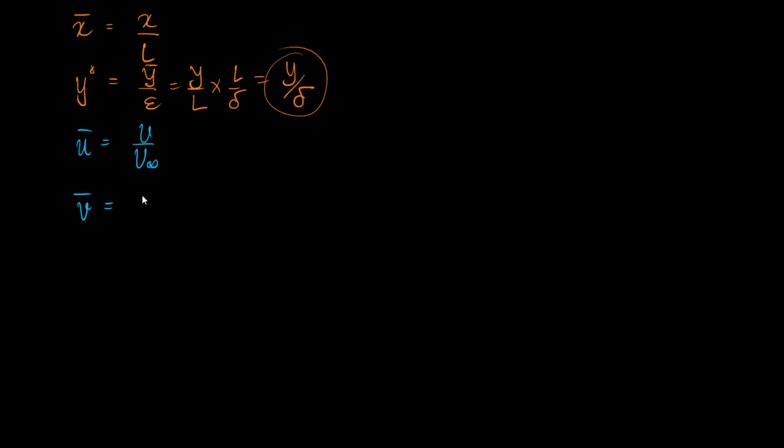V star is equal to v bar upon epsilon, which is v upon u infinity times L upon delta. Okay, so you are magnifying the v velocity.